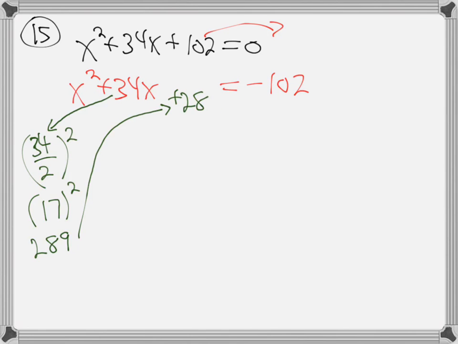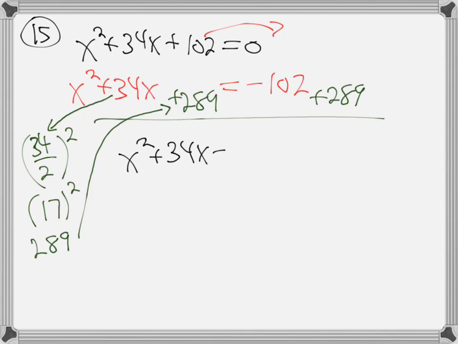We're going to add 289 to both sides. Is that making sense? And now the left side, x squared plus 34x plus 289, and this is 187.